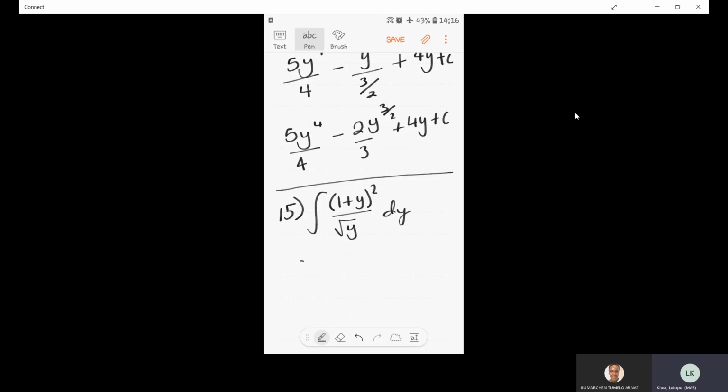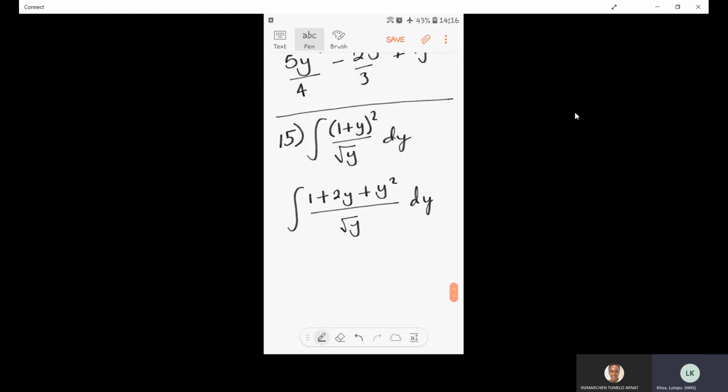So what we'll have is the integral of 1 plus 2y plus y squared divided by the square root of y dy. You can expand that using Pascal's triangle or by using the binomial theorem. But to the power of 2 is not a difficult expansion to make, even if you multiply it out directly.